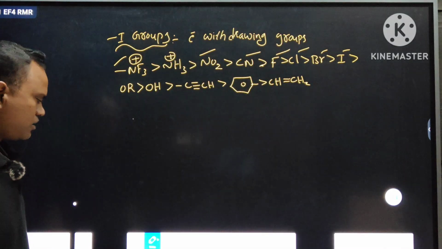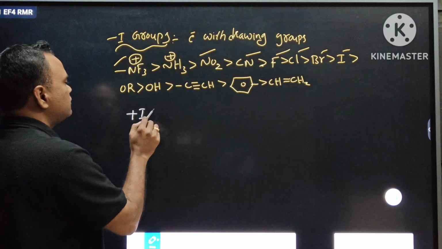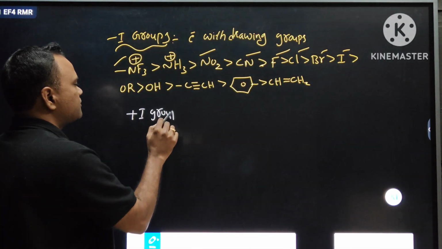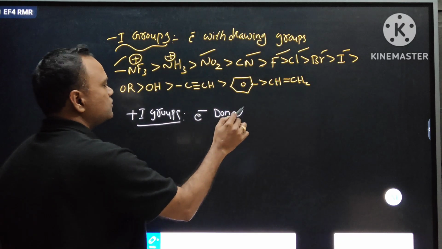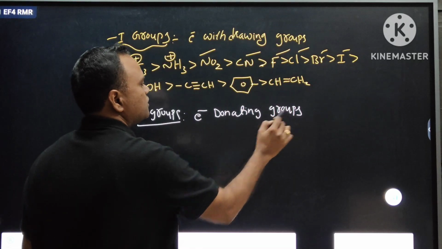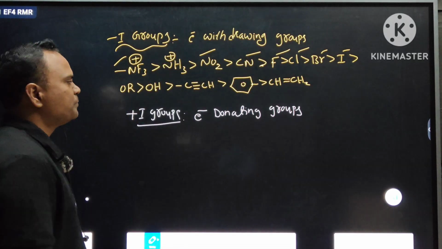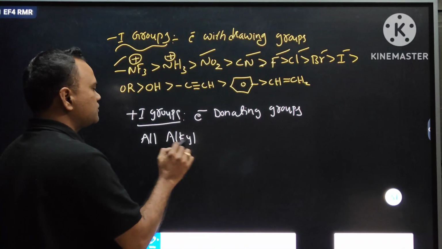Right. And you know plus I groups. Everyone tell me plus I groups. Plus I groups are electron donating groups.